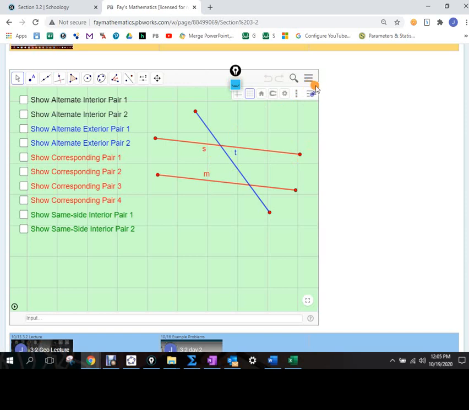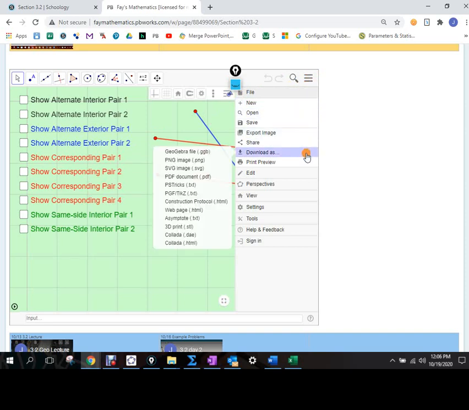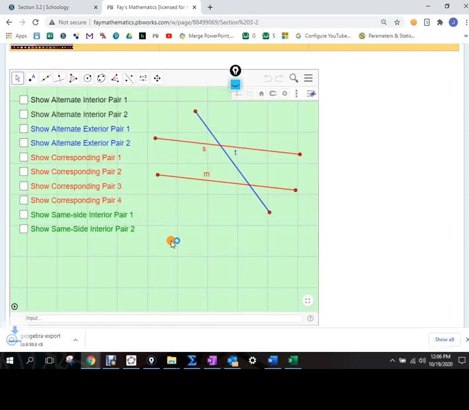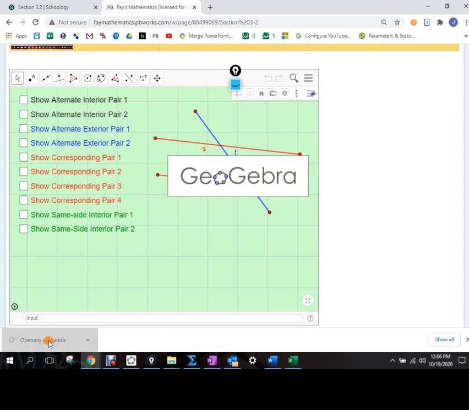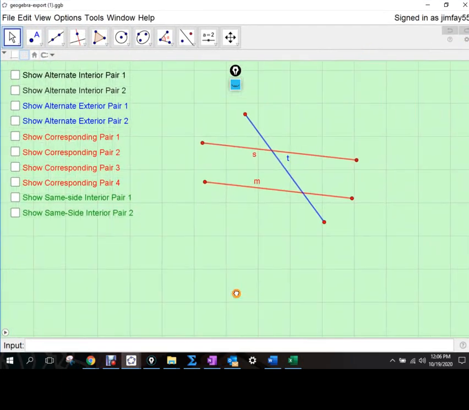This is embedded inside my website, but if you want it out of the website and saved to your desktop, all you have to do is click on these 3 bars here, go down to where it says download as, and click over here where it says GeoGebra file, it's the top one. Name it whatever you want, save it, and it'll save to your desktop. And you can open it, make it bigger. I think it's easier to work with inside the program instead of embedded in the website.